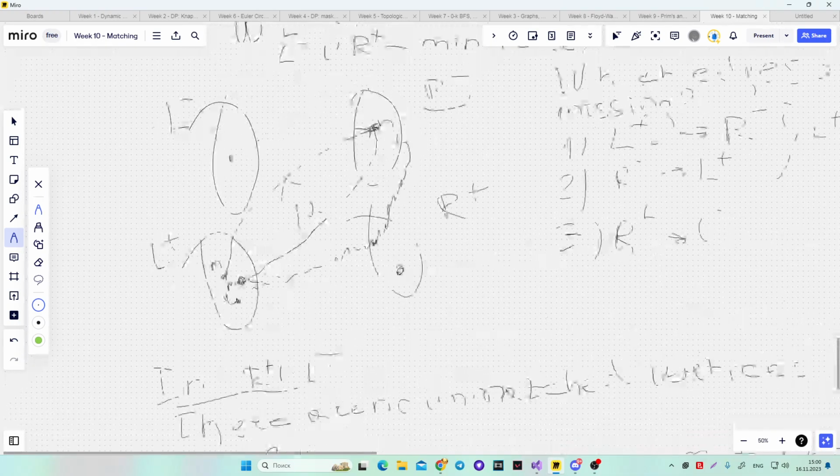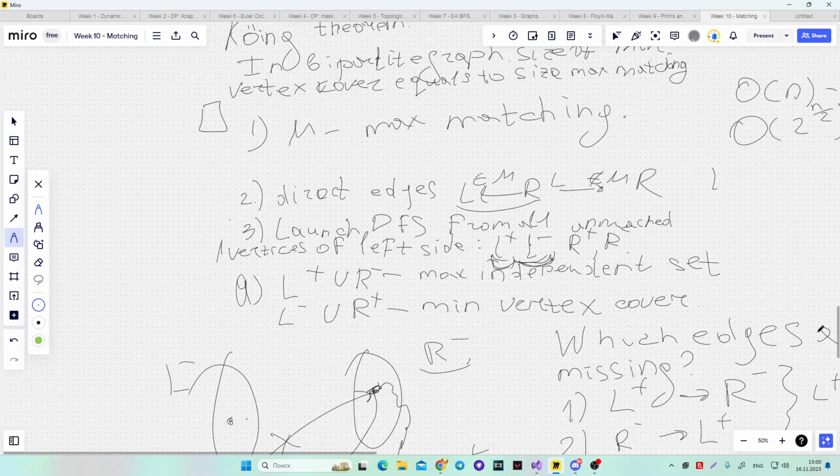V plus E. So we find maximum matching using DFS. That's O(n). Direct edges, that's O(n). Launch DFS, that's O(n^2). Notice that we launch DFS less than twice for any vertex, whether we visit it or not.